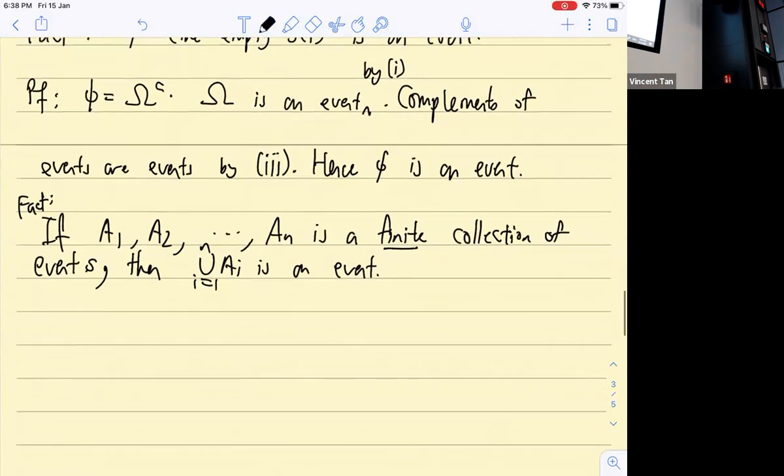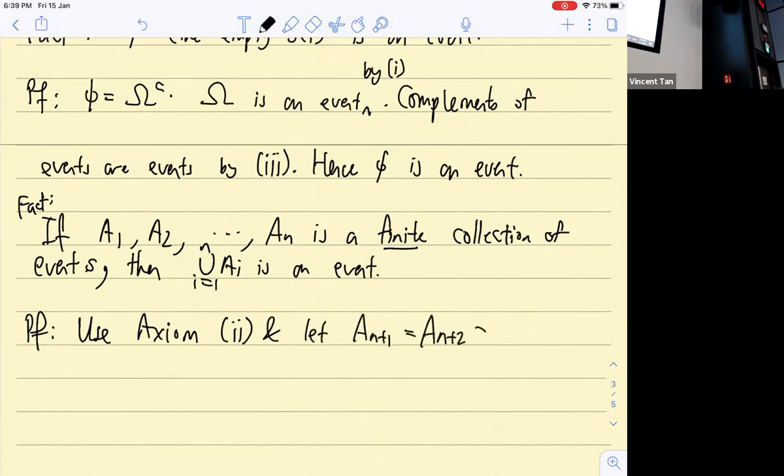All right. So, proof. Use property 2, or rather, let's call it axiom 2. And let A(n+1) equals A(n+2) equals and so on, equals the empty set. Why can we do this?